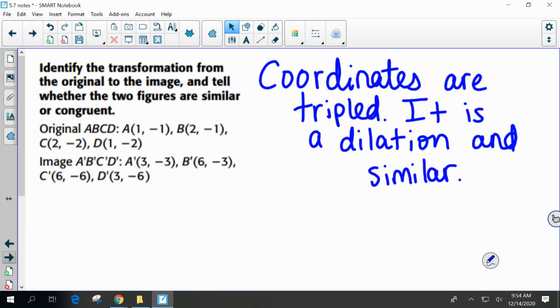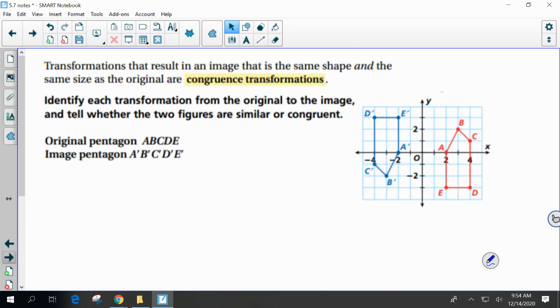Okay, so if we look at the next one, we do have a graph to look at. So these are two pentagons. Remember, we are working today with dilations, translations where you're just sliding, rotations, or reflections. If you take a look at these two pentagons, are they facing the same direction?